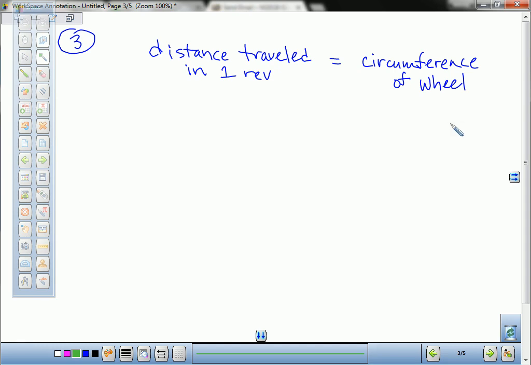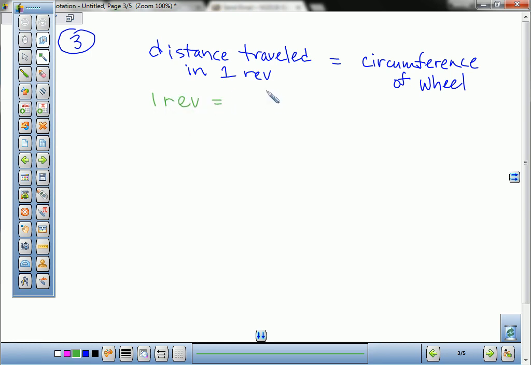So how is that helpful? What is the angle in radians with a radius of 35 centimeters if the car travels a distance of 12 meters?